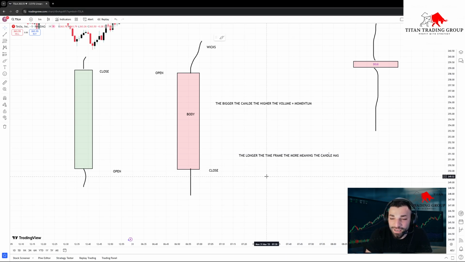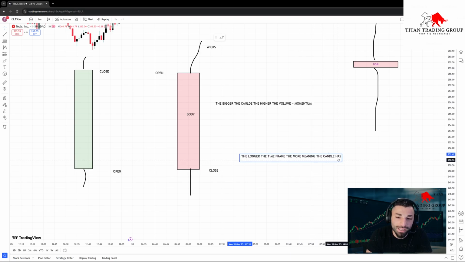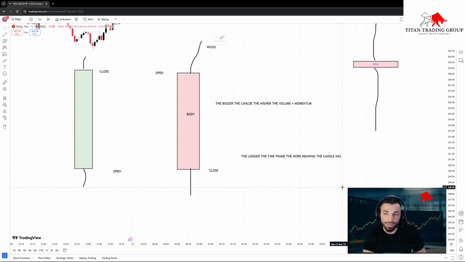The longer the time frame, the more meaning the candle has. Okay, so 1 minute means a lot, 5 minute means a little more, and so on and so forth. I'm not gonna trade a 1 minute candle and hold it for 20 hours. Okay, because after a long enough time frame, my strategy will be proven wrong or my setup will be proven wrong. Trade according to what that time frame is.